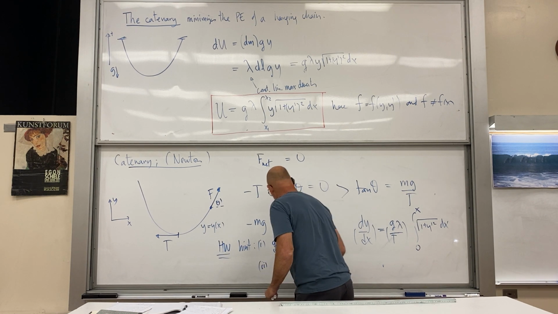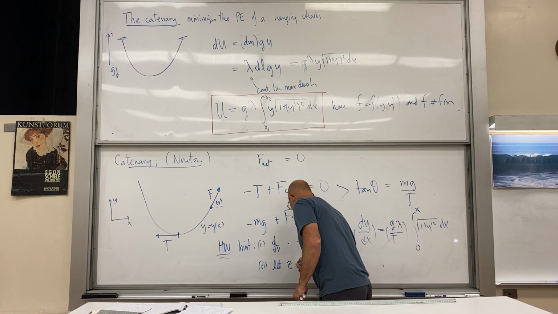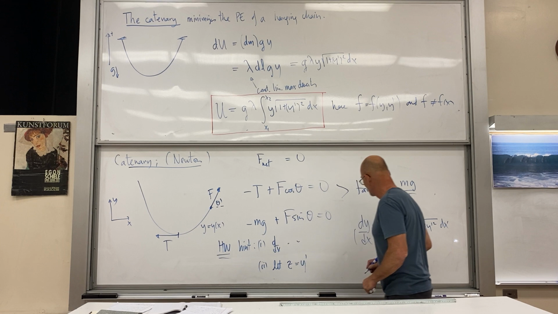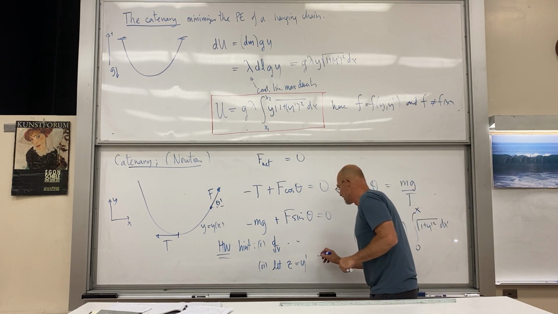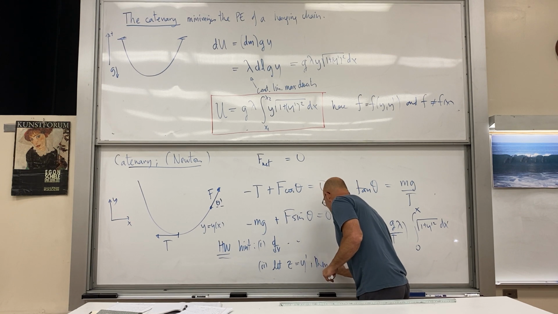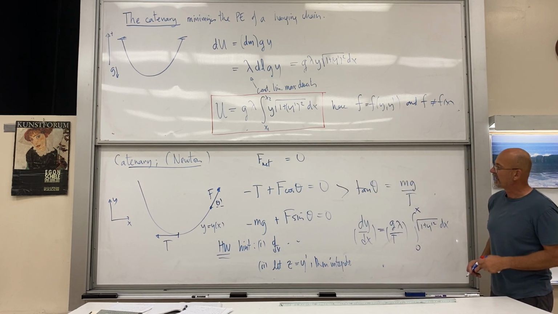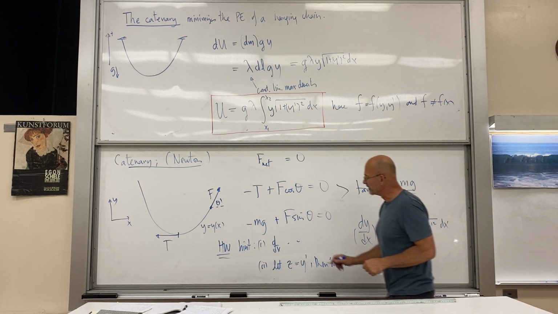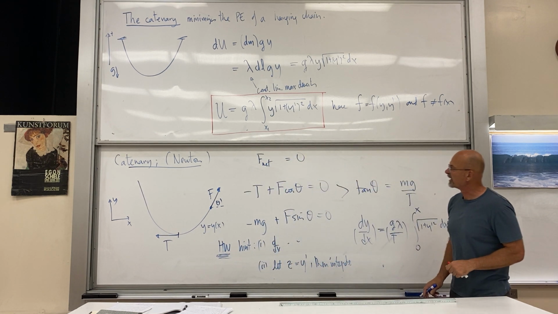The second hint is to let z equal y prime, and then you'll have a first order differential equation, comma, then integrate. Okay, so that's also the homework problem, and that makes a nice complete set. You can do these in any order you want.